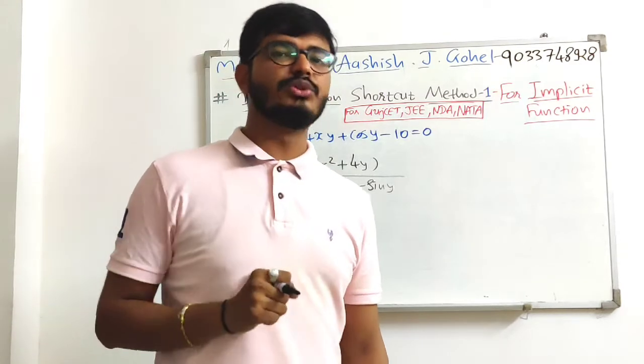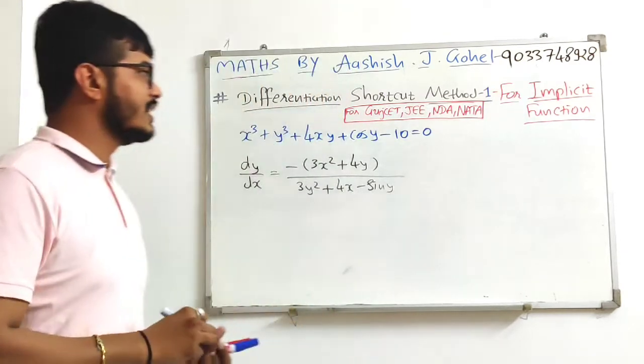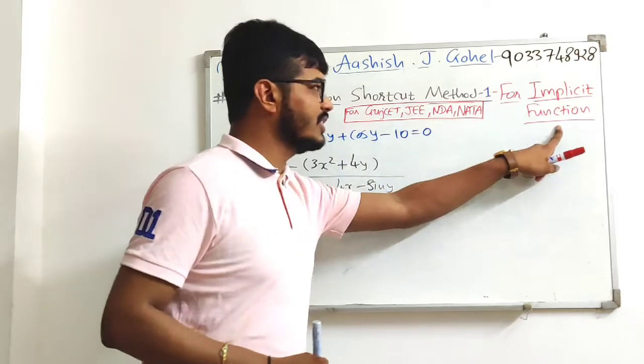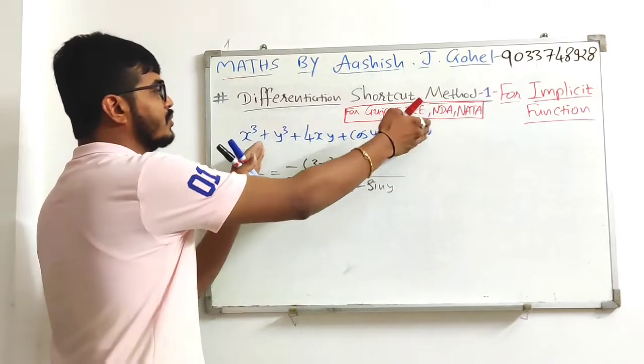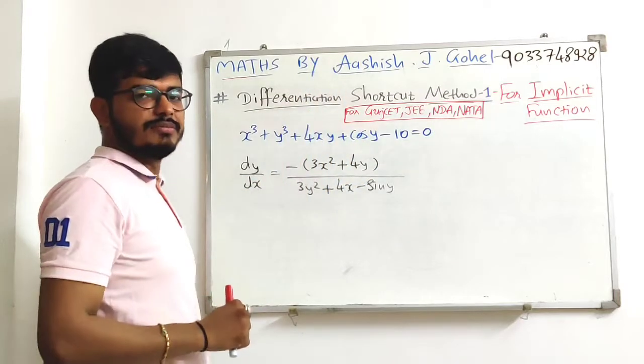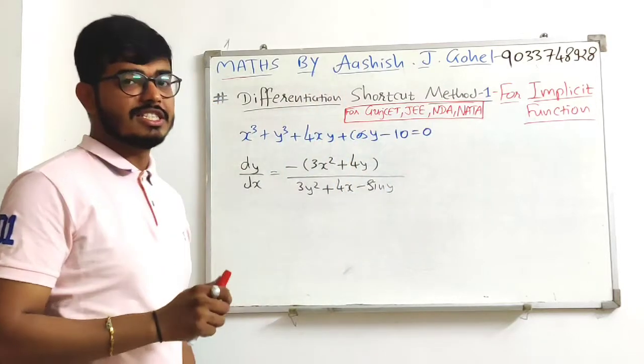So how did I do that? Let us see. For any implicit function, there is one condition that all the terms you need to take on the left hand side first. So the right hand side must be 0.